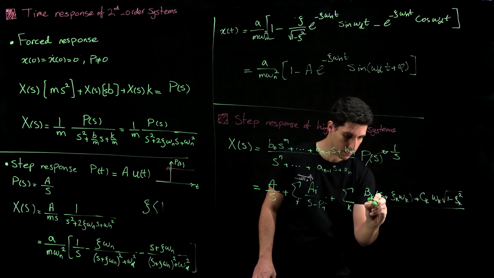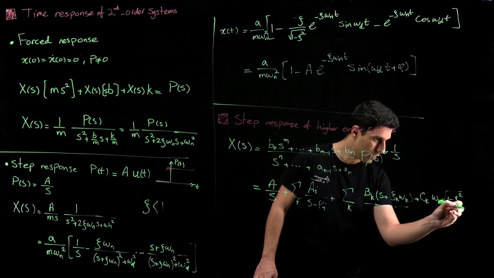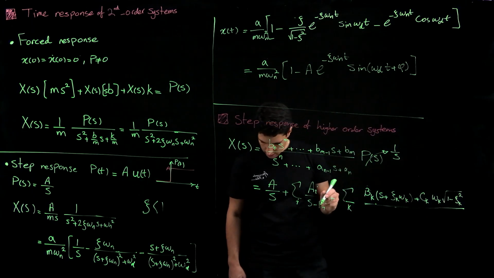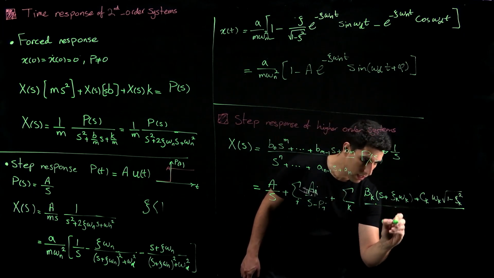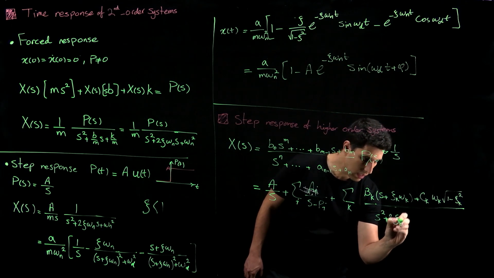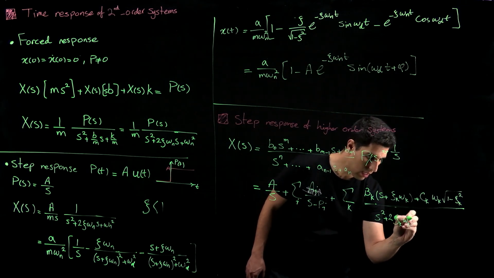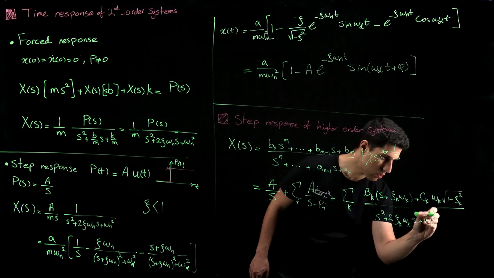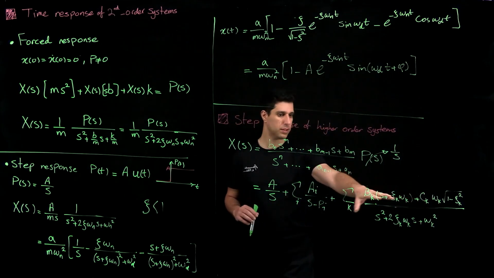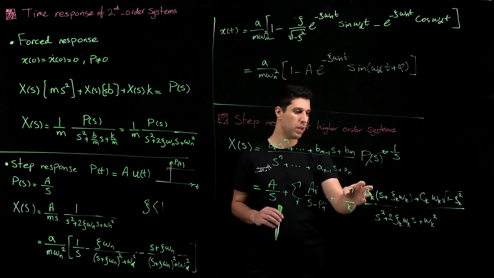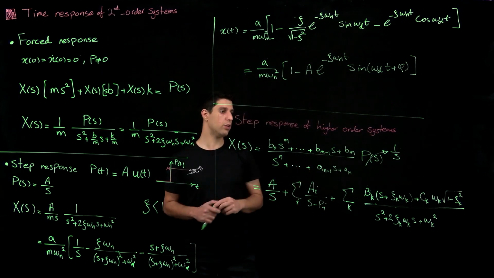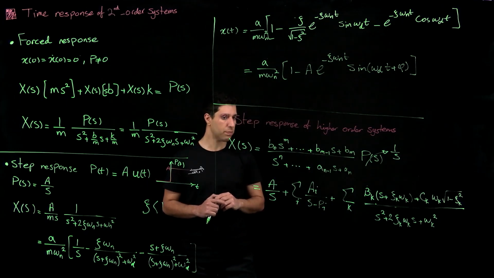My marker is dying. It's the end of the day. Divided by s squared plus 2 zk omega k s plus omega k squared. So these are just terms. This is essentially some b s plus some c, but written using this combination of parameters.